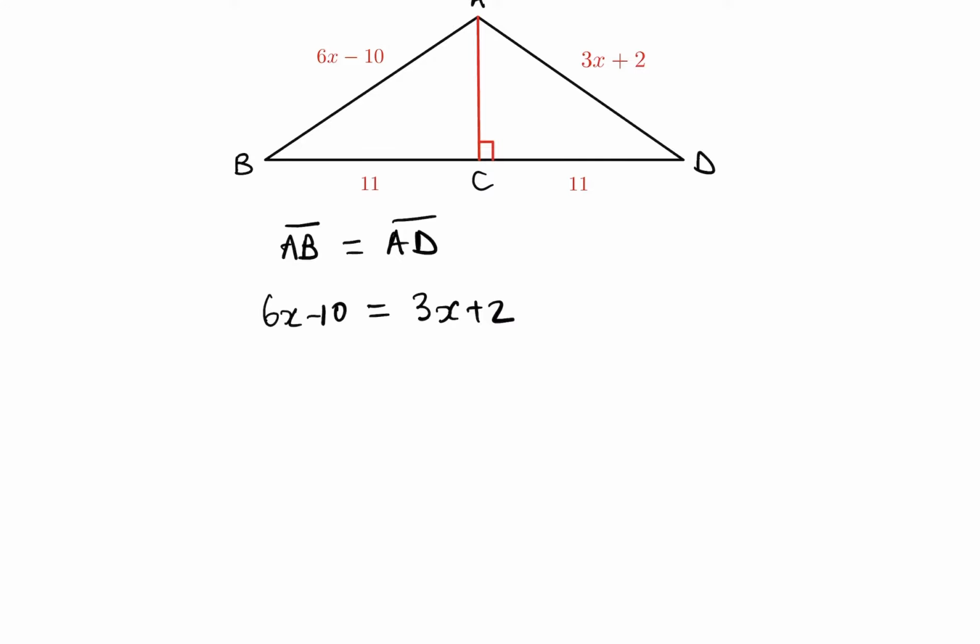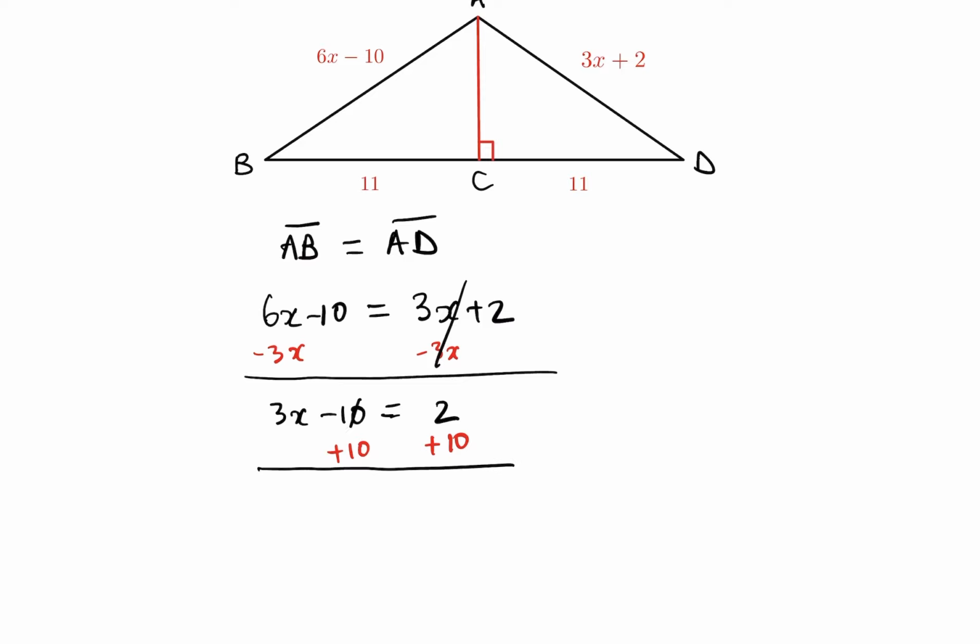If we subtract 3x from both sides, we get 3x minus 10 on this side, and these cancel out, leaving 2. The next step is to add 10 to both sides, so that we can eliminate this, and we're left with 3x is equal to 12. The last step is to divide both sides by 3 because we want to isolate x, and we see that x is equal to 4.